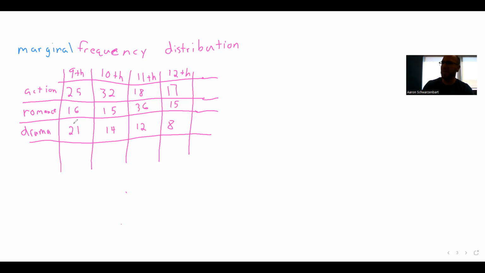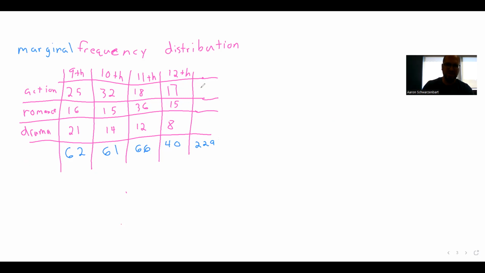To get the total for 9th grade, I add 25 plus 16 plus 21, and I get 62. For 10th, 32 plus 15 plus 14 is 61. 18 plus 36 plus 12 is 66. 17 plus 15 plus 8 is 40. And when I add 62 plus 61 plus 66 plus 40, I get 229.